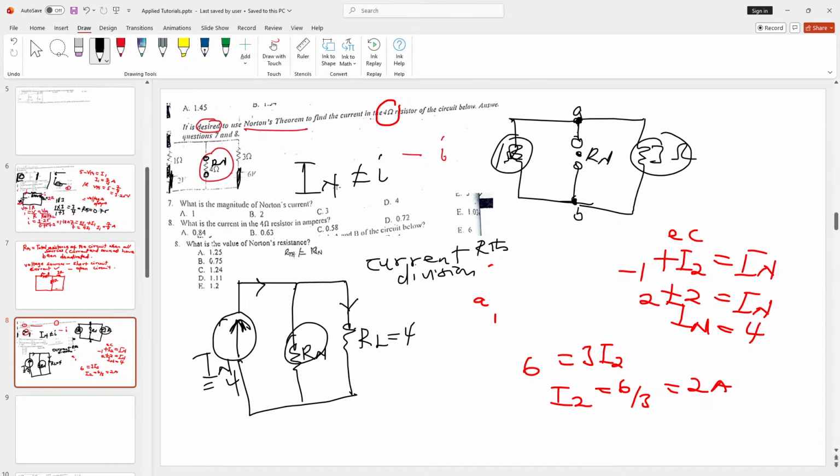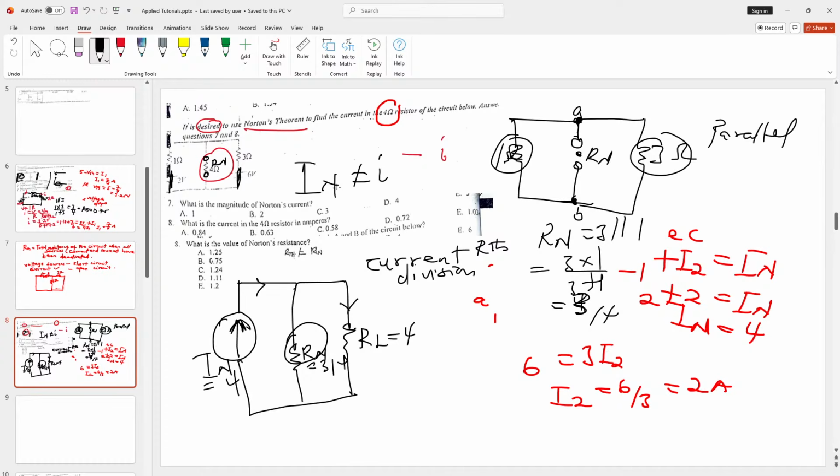So they are connected in parallel. So my Rn is going to be 3 connected in parallel with the 1. Okay, so product over sum, 3 times 1 over 3 plus 1. What are you going to get? 3 over 4. And that's going to be our Rn, 3 over 4.